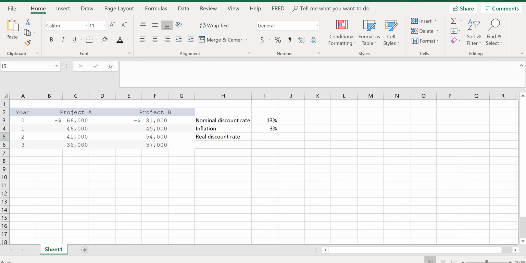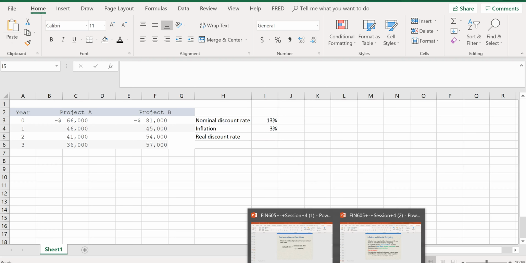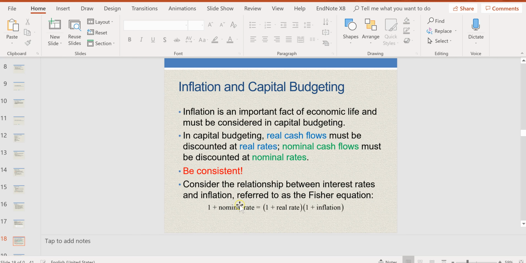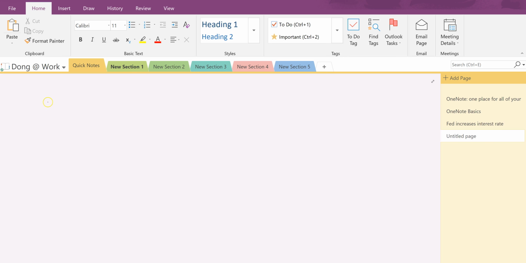We can use this equation here. 1 plus nominal rate equals 1 plus real rate times 1 plus inflation. So let me write that down. 1 plus nominal rate, that's 13%, right? So 0.13. So this equals 1 plus real rate.